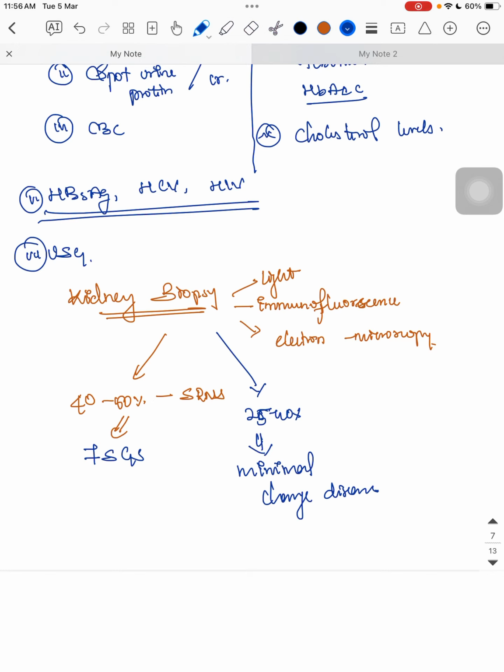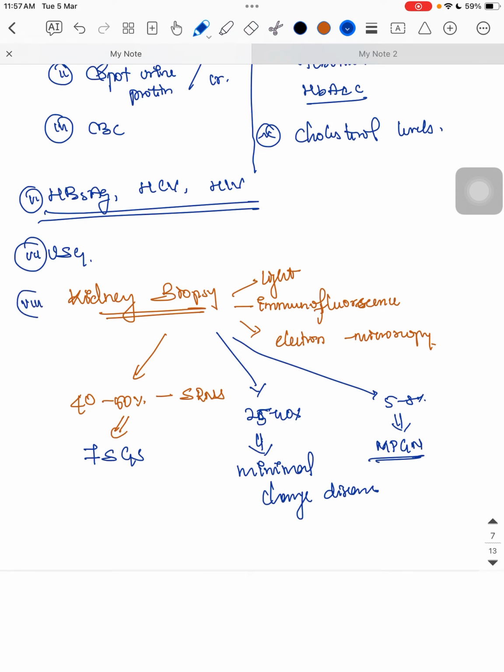Next, 5 to 8% can have mesangial proliferative glomerulonephritis. Okay, these are the findings you can get in a kidney biopsy of a child with steroid-resistant nephrotic syndrome.